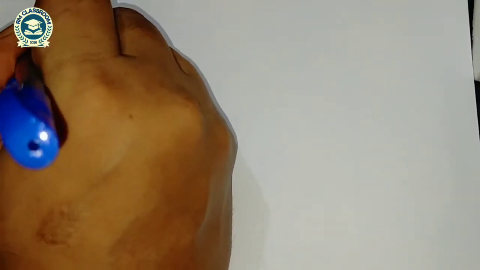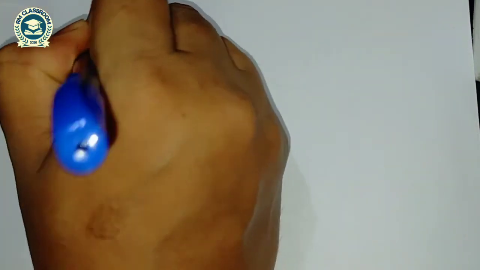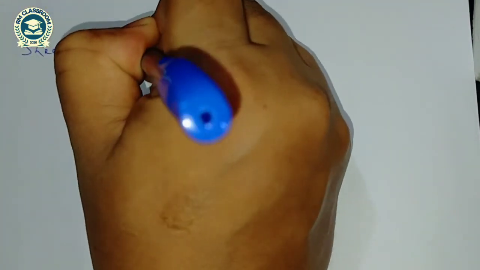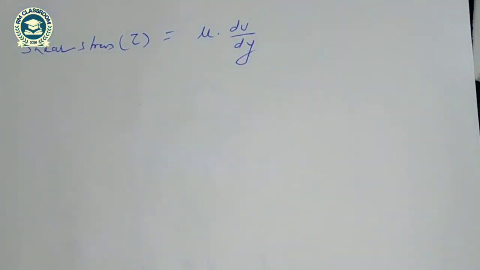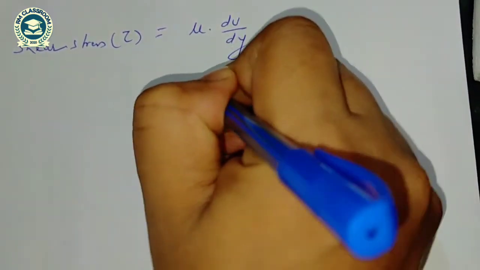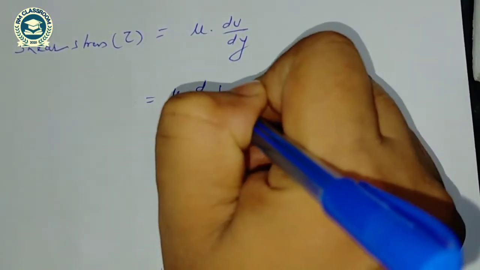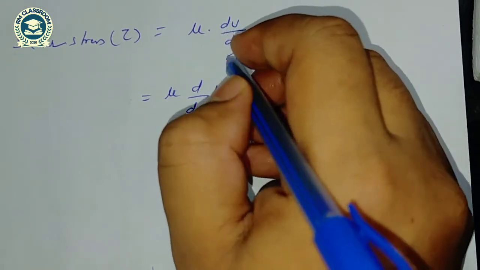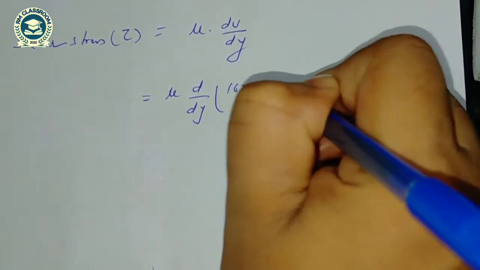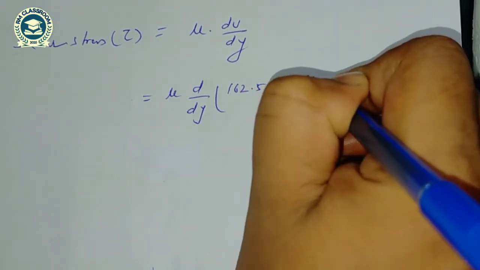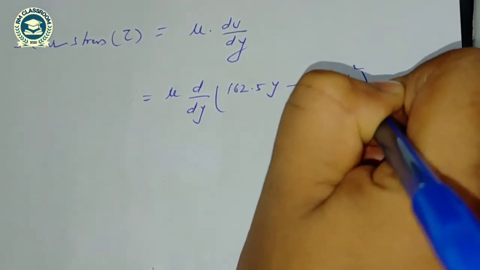Similarly, the shear stress can be computed as shear stress tau is equal to, we know that, mu into du by dy. So shear stress can be computed as mu into d by dy, and the expression of velocity is 162.5 y minus 6250 y square.